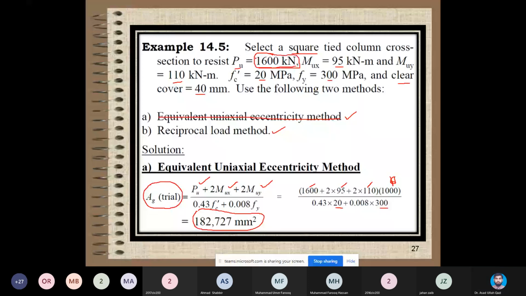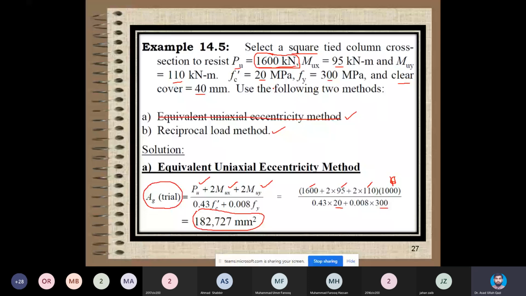If your tentatively selected cross section and reinforcement ratio gives you a capacity less than 1600, then you need to revise it with a new cross-section size or with higher reinforcement ratio, depending on whether the answer is on the lower side or on the higher side.